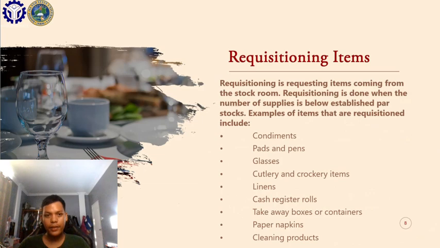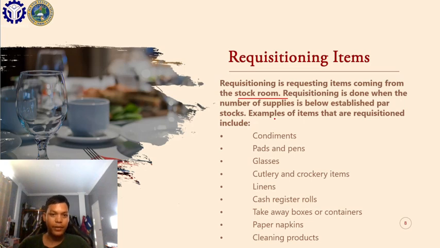And these are the following examples of items that we need to requisition. Requisitioning is requesting items from the stock room. Requisitioning is done when the number of supplies is below the established par stock.